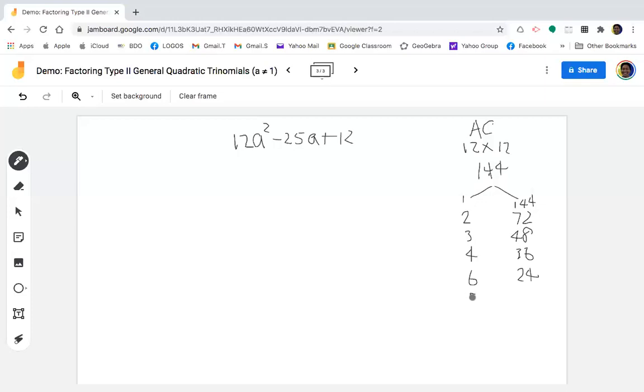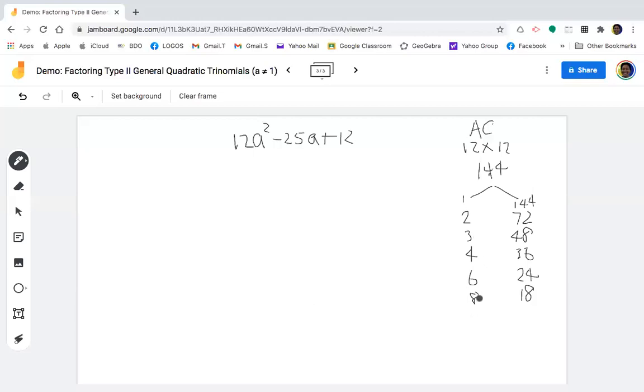All right, let's divide by 8. And we get 8 and 18. 8 plus 18 is 26. We're almost there, but it's still not the right sum.